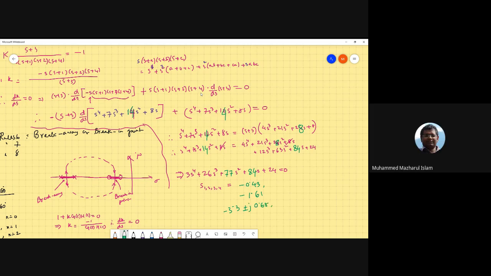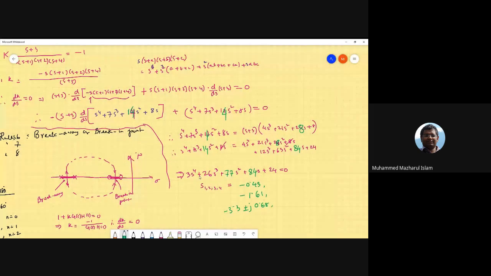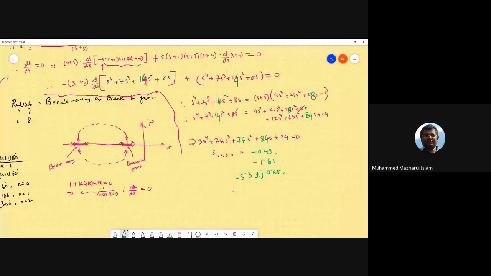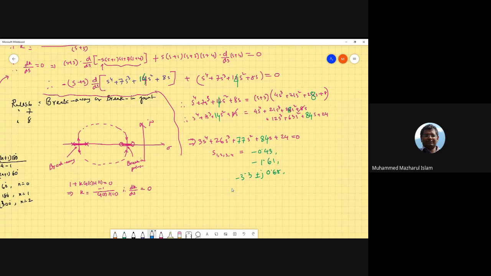Thank you. So these are the 4 solutions of the polynomial. As I said, you have to first understand that your breakaway point or break-in point should be within a range. In our case, the breakaway point resides between 0 and -1. So this is the breakaway point.